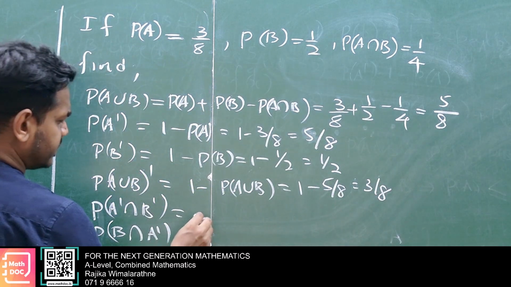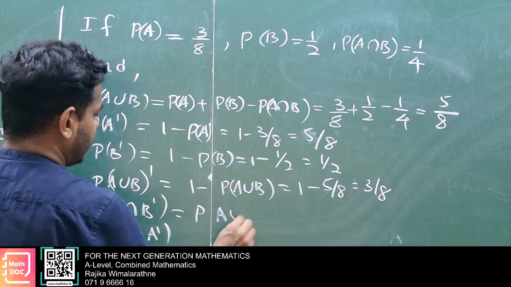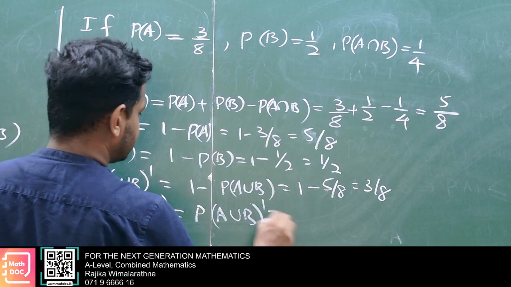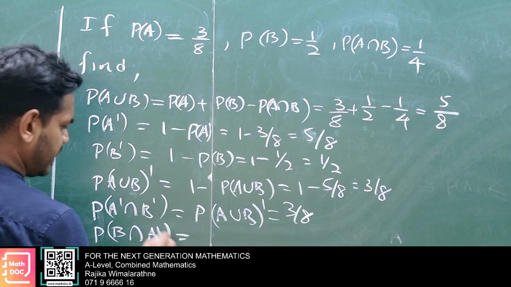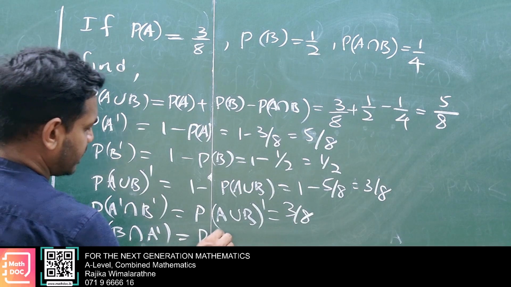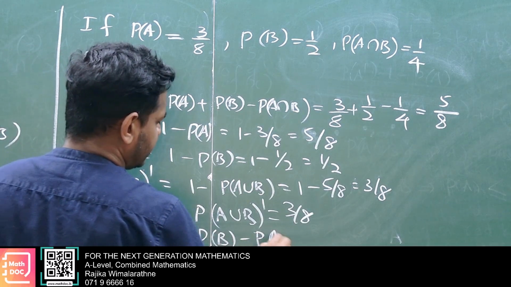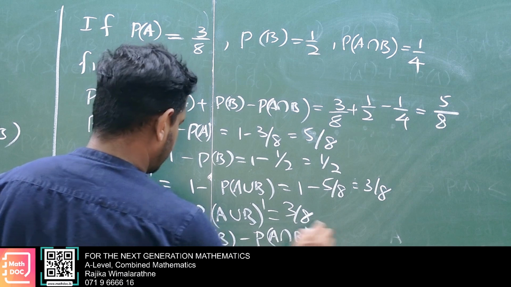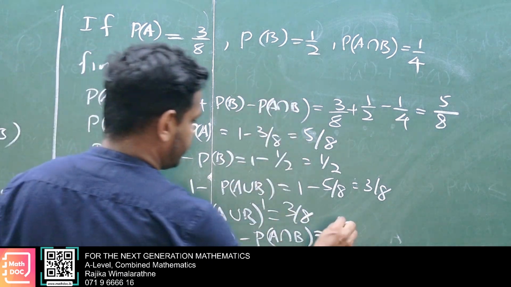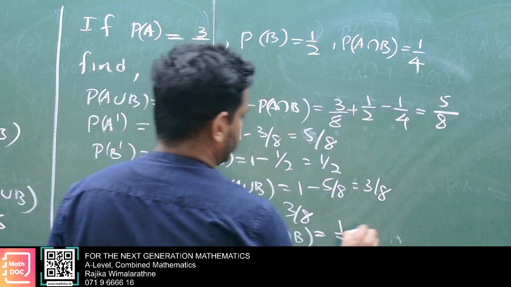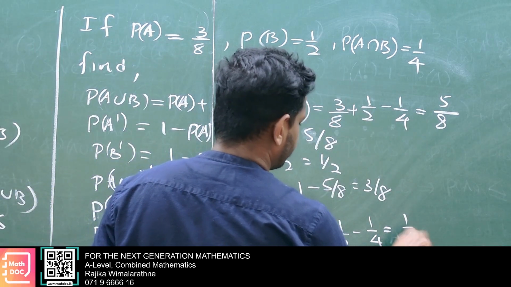Then use De Morgan, A union B whole dash, so we got 3 over 8. Then for only B, we write P(B) minus P(A intersection B). Half minus 1/4, so 1/4.